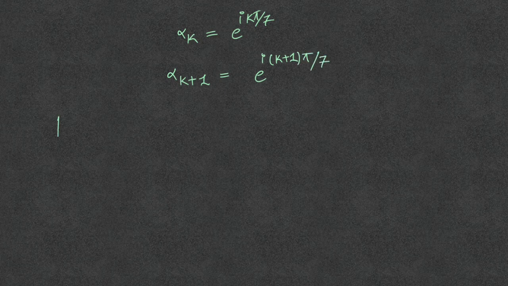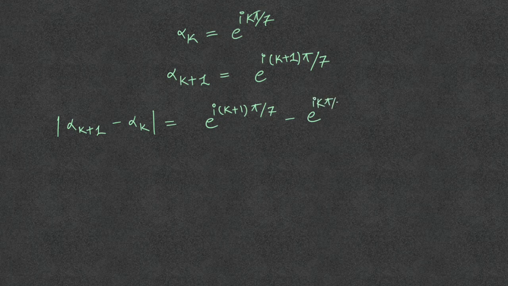Now taking modulus of alpha k plus 1 minus alpha k, this becomes modulus of e to the power iota k plus 1 into pi by 7 minus e to the power iota k pi by 7.